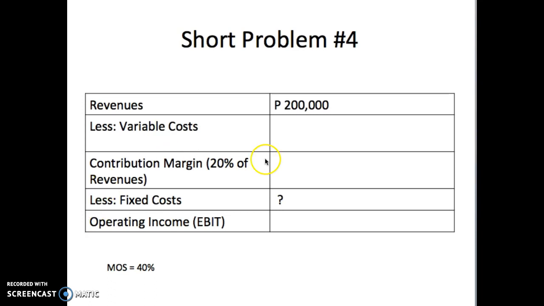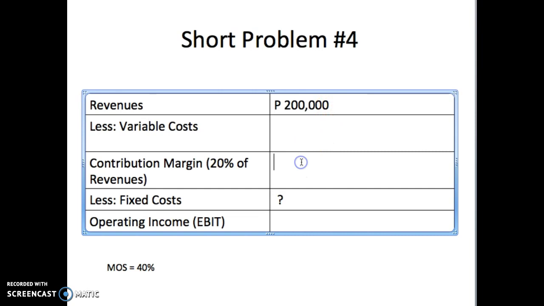The revenues given was 200,000 pesos. Your contribution margin is 20%, which simply means that it's 20% of the revenues. So we can easily compute that. 200,000 times 20% is 40,000. We can compute the variable costs already. That's going to be 160,000.